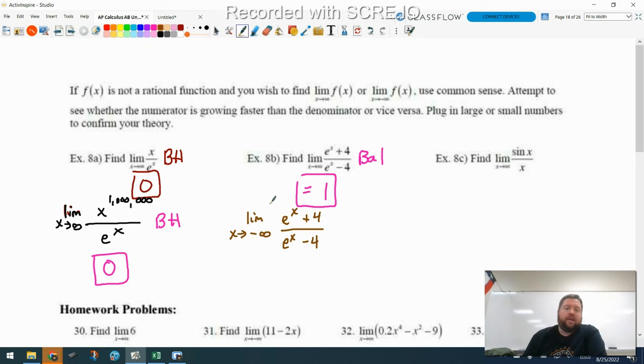So if I were to plug in negative numbers for x, I don't want to plug in negative infinity. I'm not allowed to do that. But if I just plug in like negative 100, then we can rewrite this. I'm going to change this to the limit as x goes to positive infinity, and put the negative in the exponent there, e to the negative x.